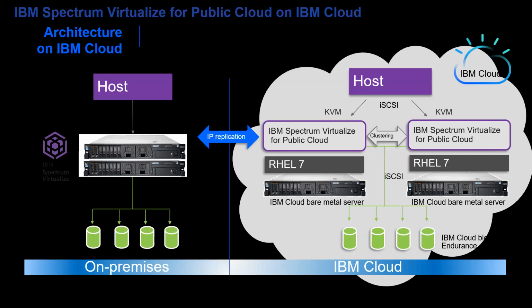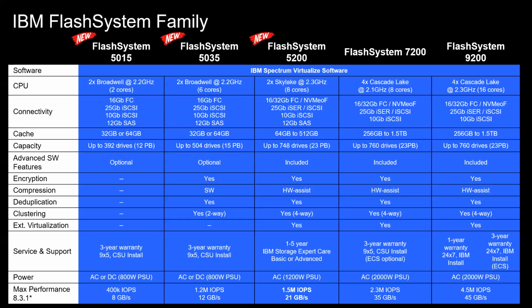Next, what we're going to see is the IBM FlashSystem family. From here, you can see the differences and how you're going to do the comparison. All of these FlashSystem solutions are based on Spectrum Virtualized software. They are all capable of delivering very large capacity.